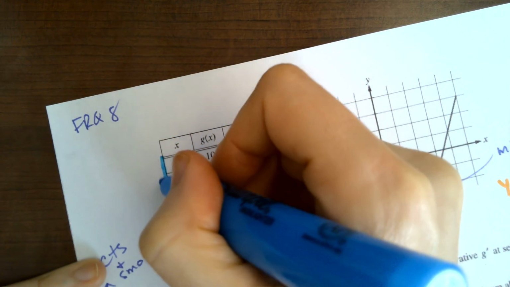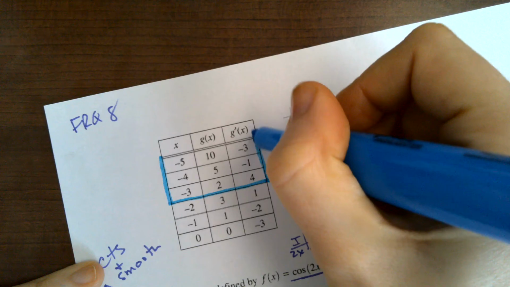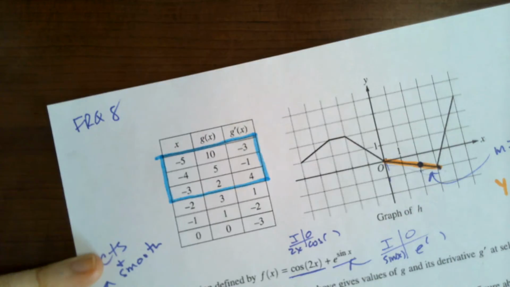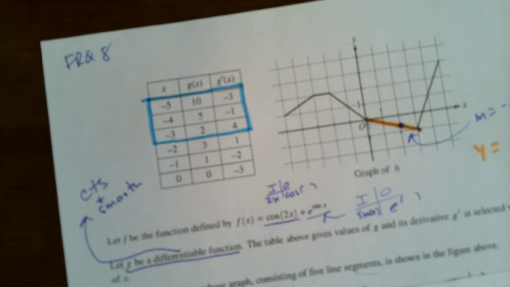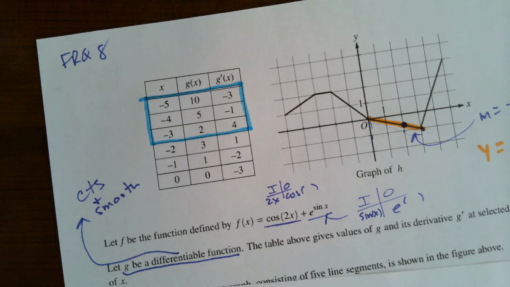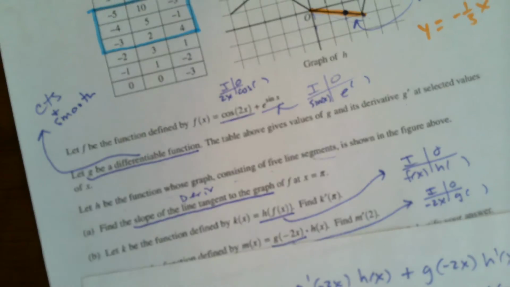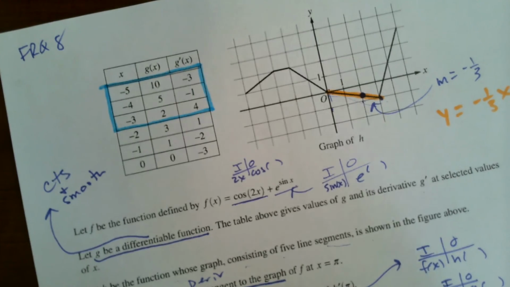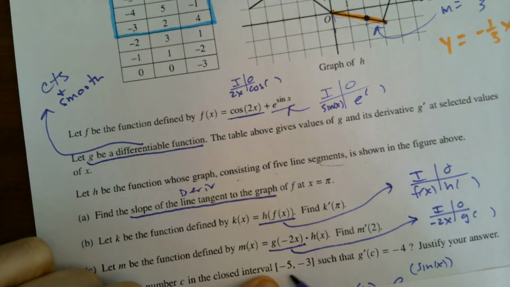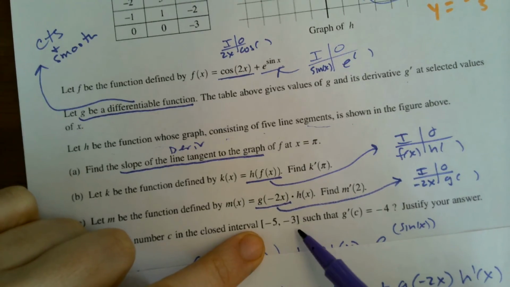I'm looking at this part of the table right there. So I guess you have to decide, can we just use the mean value theorem on this interval, or would we need to use it on a subinterval?